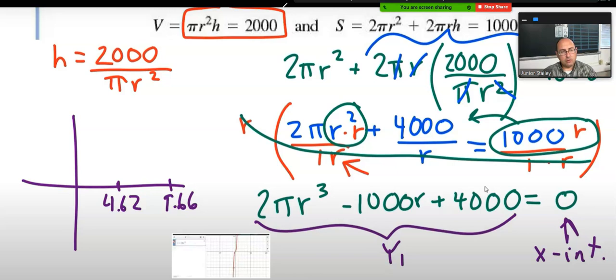Now, if you have the same amount of volume and we choose the radius 4.62 or 9.66, is that going to change the height? It will change the height. Now, what if the grocery store tells me I'm only allowed this much shelf space?